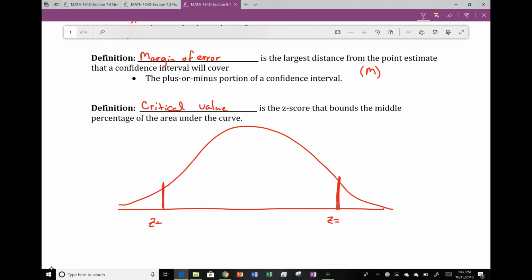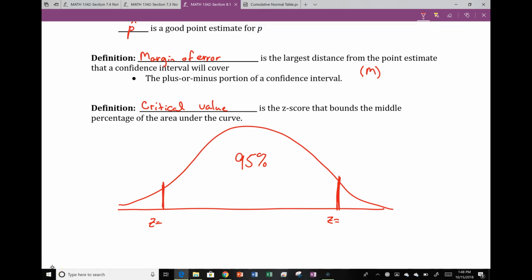Now recall that the z-score, or the standard normal or the bell-shaped curve, is symmetric. So if I draw a dividing line here and I flip it over, this z-score is the negative, this z-score is the positive of that same value. So let's look at if I want 95% of my data in the center. Remember that our common critical values, or our common z-scores, give us the value here in the little bitty tail.